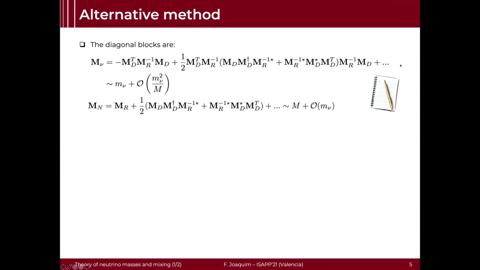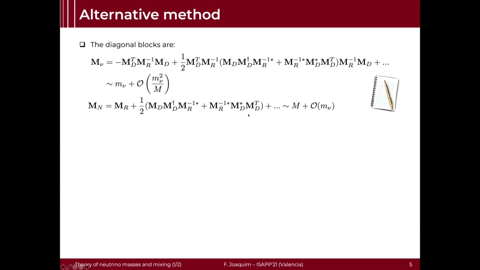And then you have also other higher order corrections in the seesaw expansion. And you can see from here, just by performing a rough estimation, that this term is actually much smaller than this one. For the heavy sector, Mn, which is the effective mass for the heavy degrees of freedom, is approximately Mr in the lowest order of the seesaw approximation, and also the other terms are negligible.